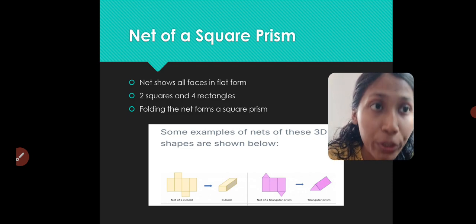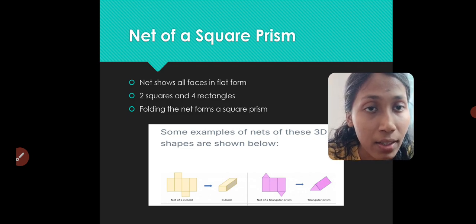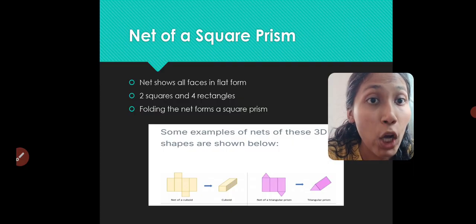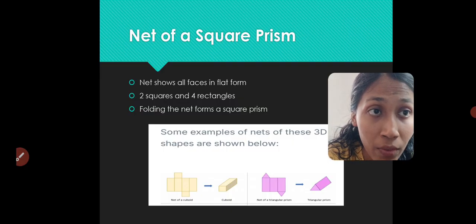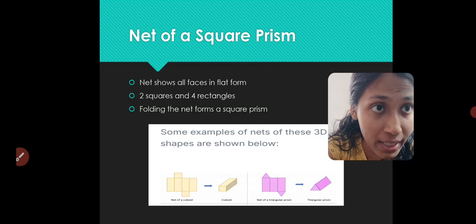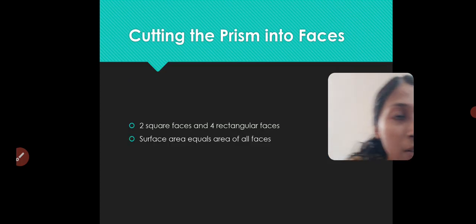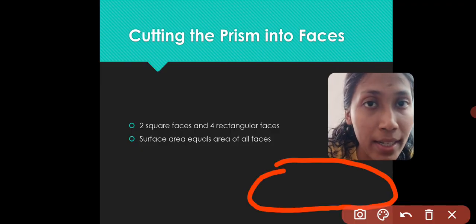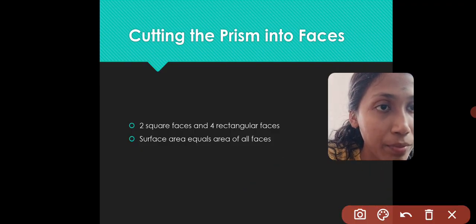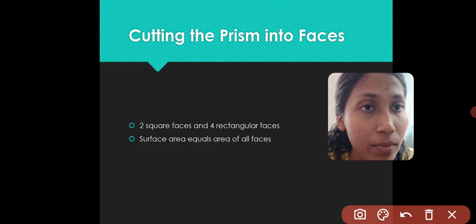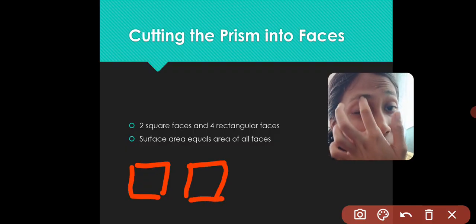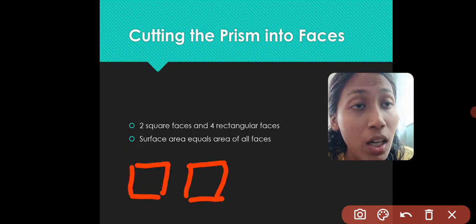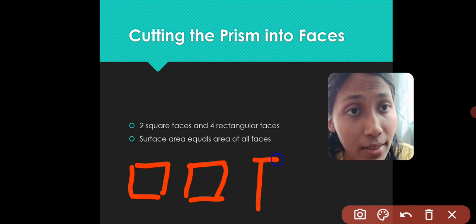Now what I'm going to do is cut this net of the prism along the edges. So what I get is 4 rectangles and 2 squares.